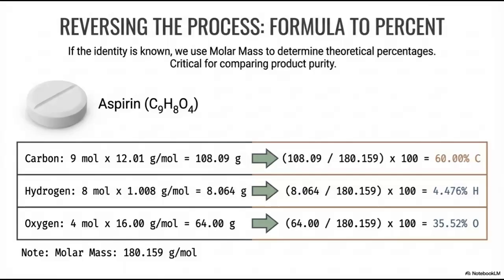So now we know that I can take the sample, I can do an analysis in a lab, calculate the mass of each one of those elements present, and from those masses, I can calculate the percent composition of those elements in the sample.